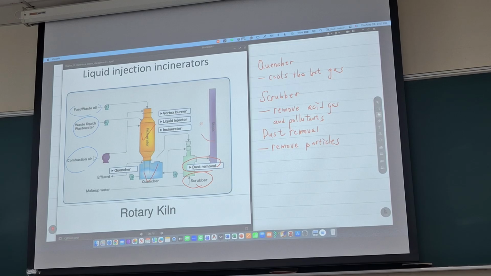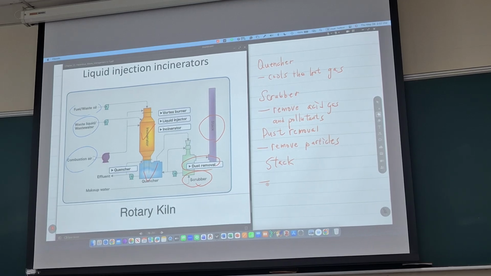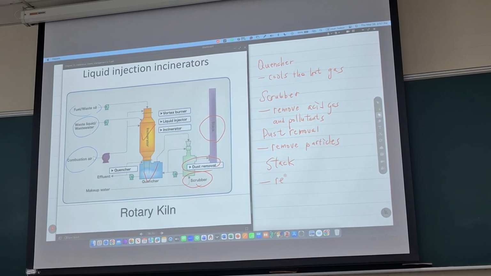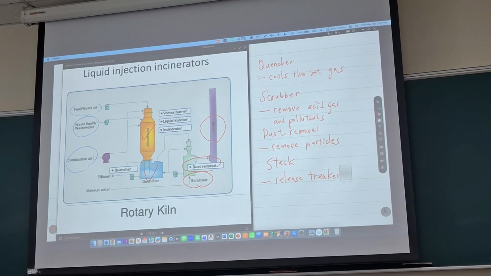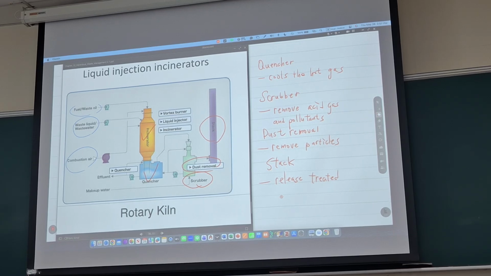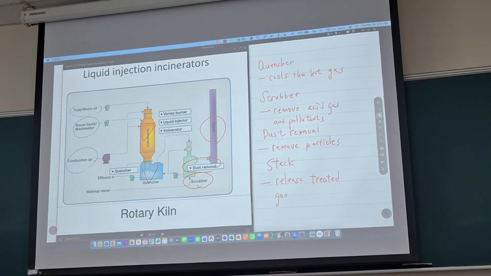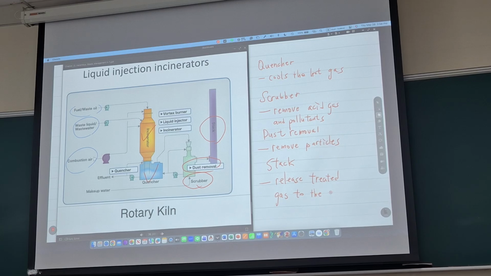The last one is the stack. The stack tries to release the treated gas to the atmosphere.